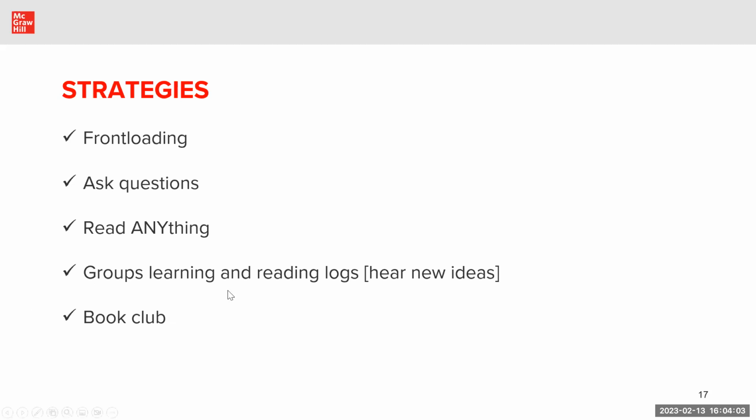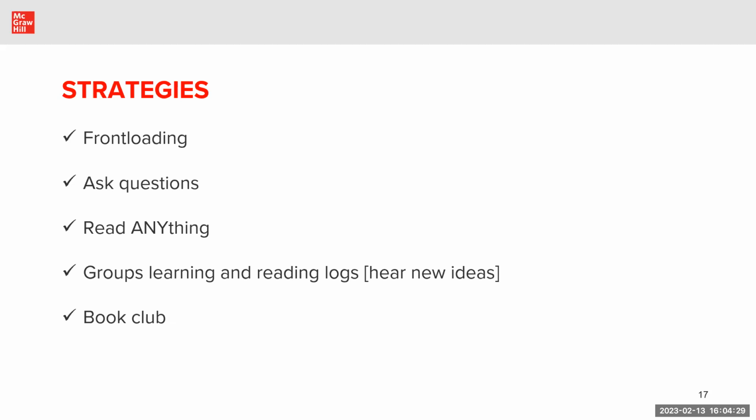It's good if your students can group learn, can read together, can have reading logs where they read and they share their ideas, because that'll help them to get new perspectives that the individuals hadn't necessarily thought of. And reading logs and book clubs can also help students to share ideas for different types of learners.